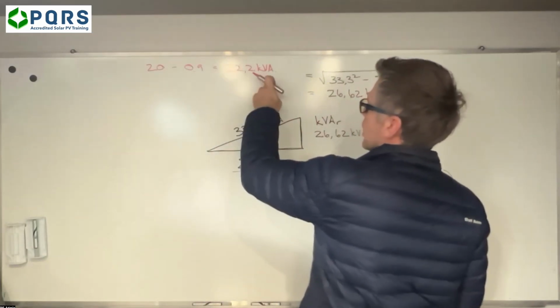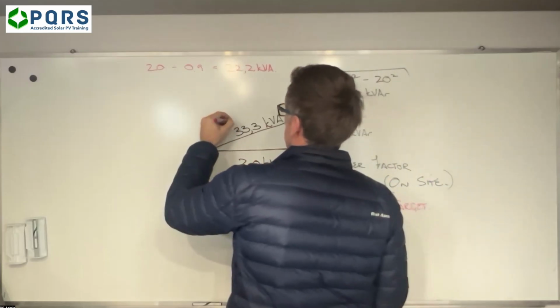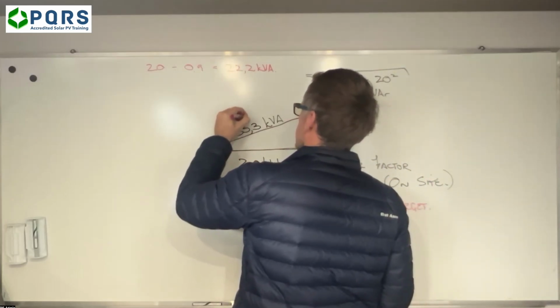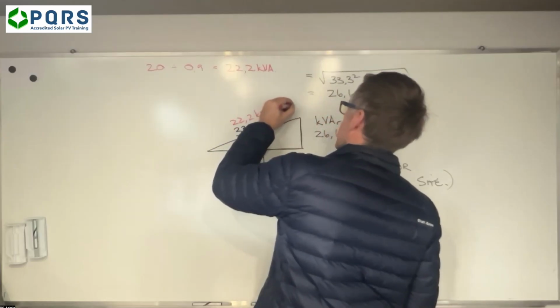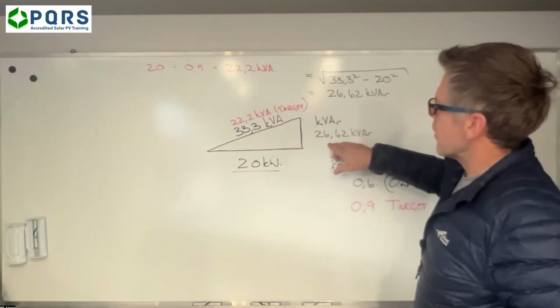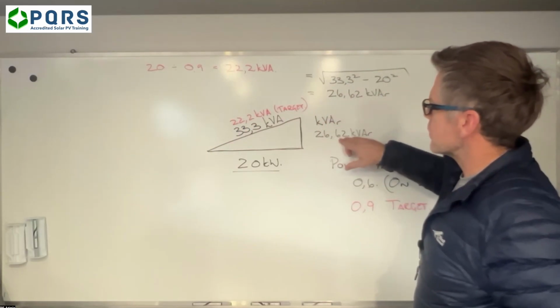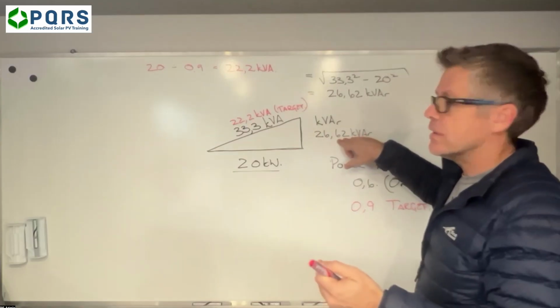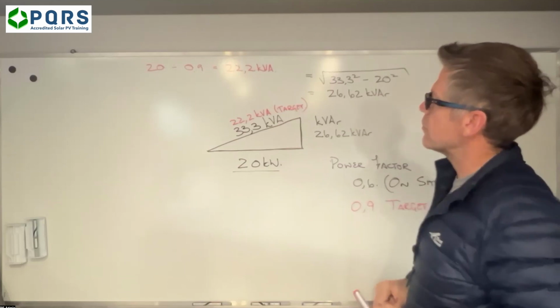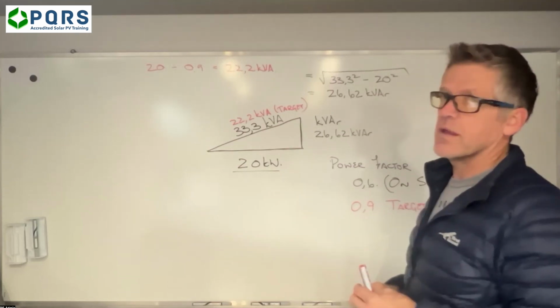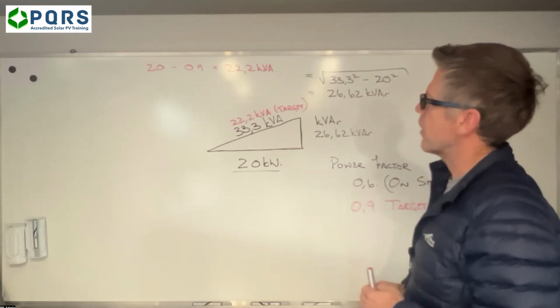That is what we would like to achieve. So 22.2 kVA is the target. That means that we have to now understand what the reactive power has to be in order to have a 22.2 kVA targeted apparent power.